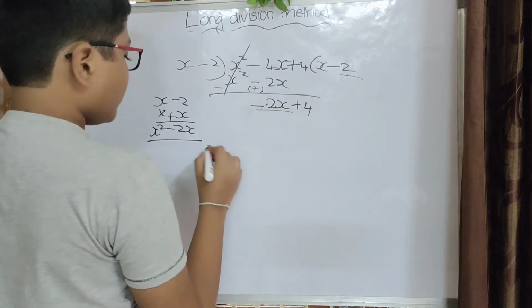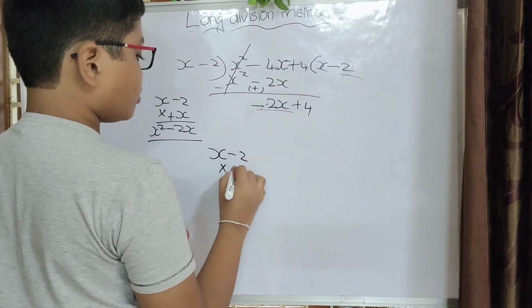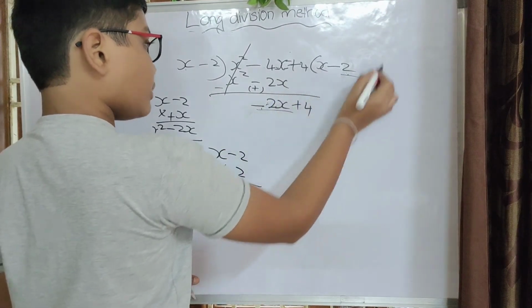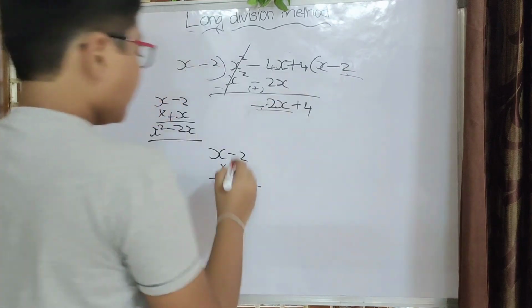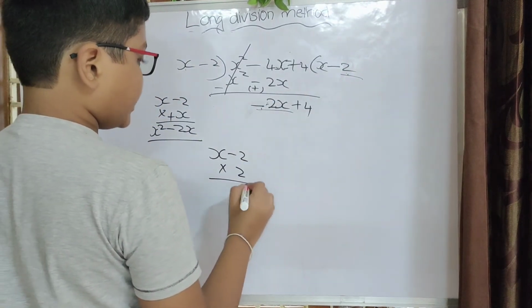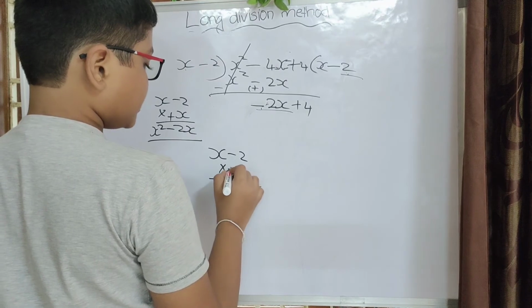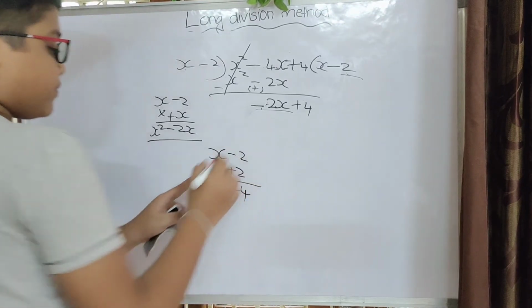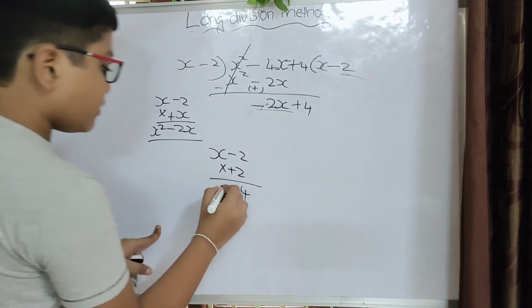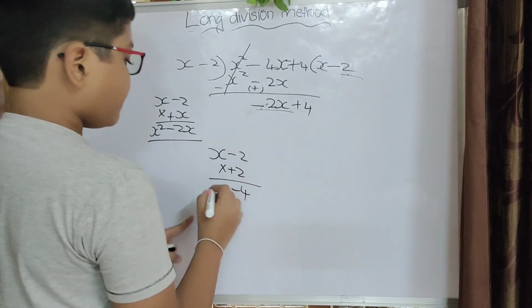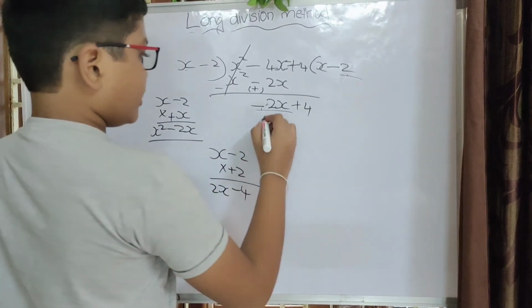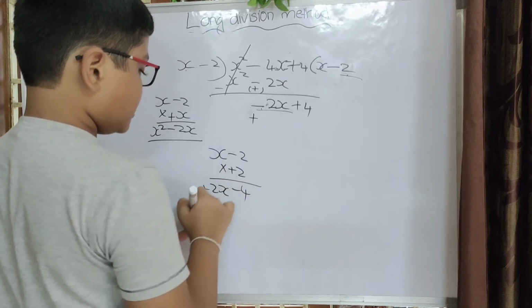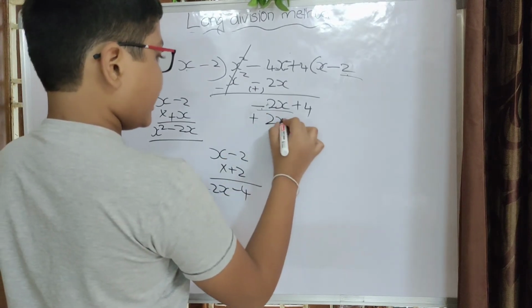Now x minus 2 into 2, only 2, not x minus 2 whole. 2 into 2 is 4, minus 4. Here plus is there, plus into minus is minus 4. Now x into 2 is 2x, here plus 2x.